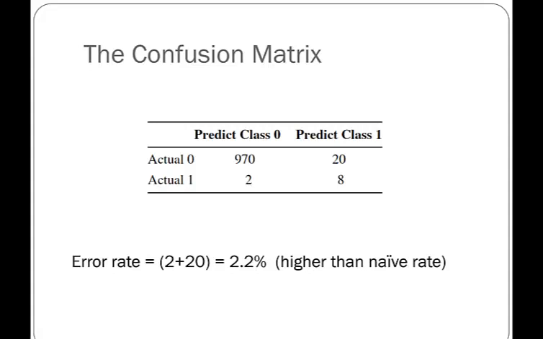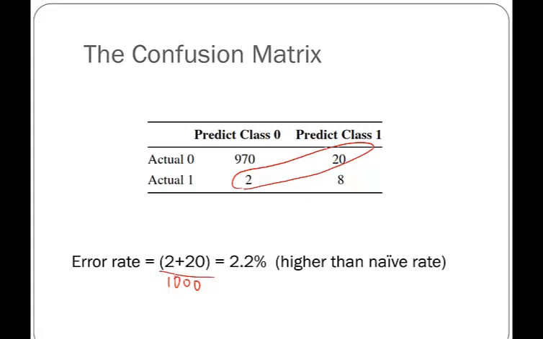So that gives us an error rate of 2 plus 20, or 22, divided by 1,000, or 2.2%. So that's considerably higher than the naive rate of 1%.